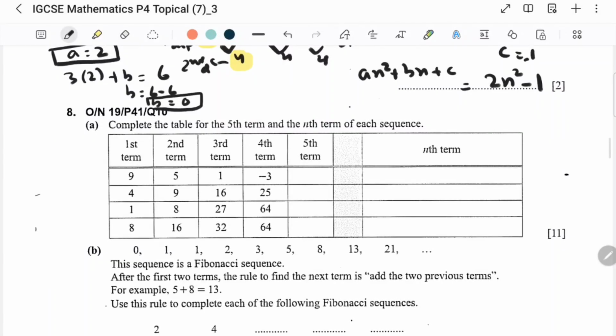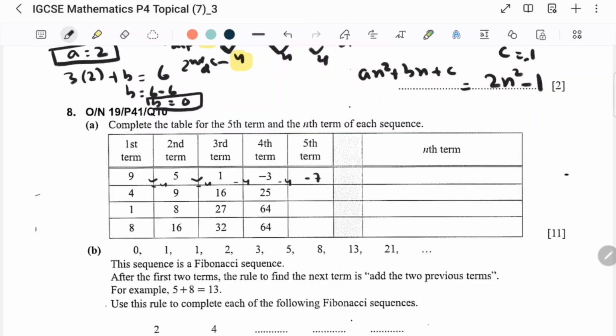Now question number 8, October/November 2019, paper 4, question 10. The first, second, third, fourth, and fifth terms are required, and the nth term is also required. So the first term is 9, 5, 1, minus 3, and you are just doing minus 4. 5 minus 9 is minus 4. Whenever you do minus 3 minus 4, it is minus 7.